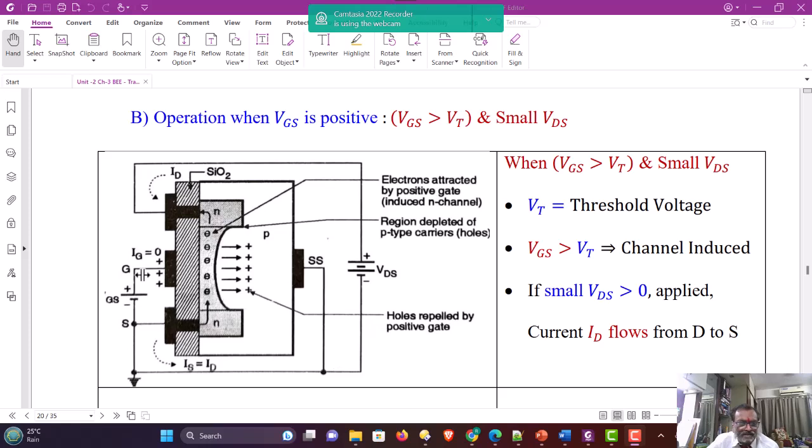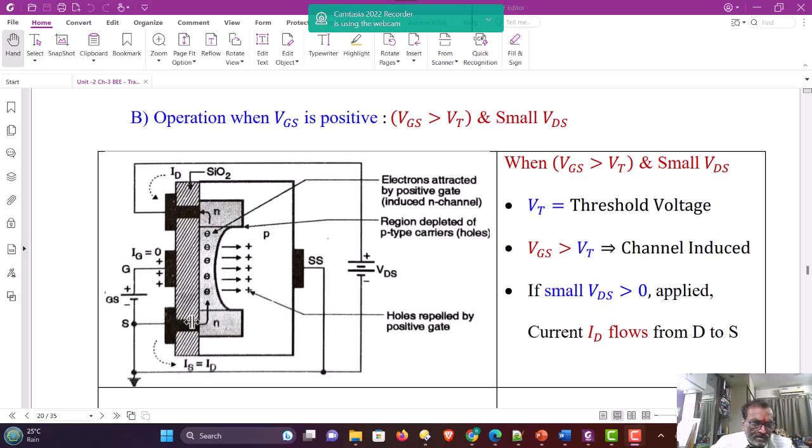Now let us consider that some positive voltage is applied to the gate. What will happen? When the positive voltage is applied to the gate, this positive charge on the gate pushes the holes away from the substrate. When the holes are pushed away, what is left behind is immobile ions. This shaded portion represents the immobile sheet of ions, that is the depletion region. Due to this positive gate voltage, an additional effect takes place.